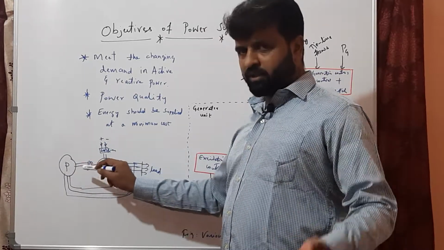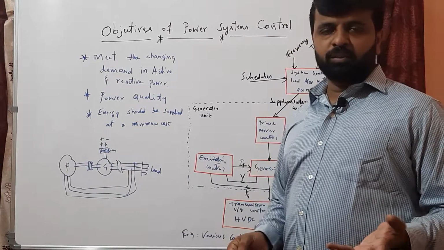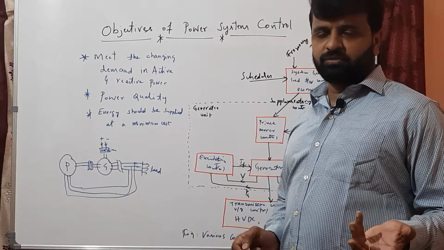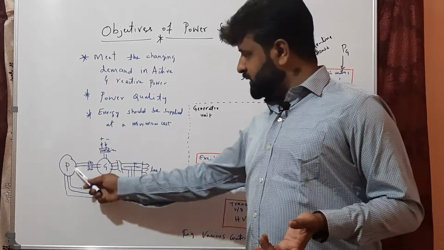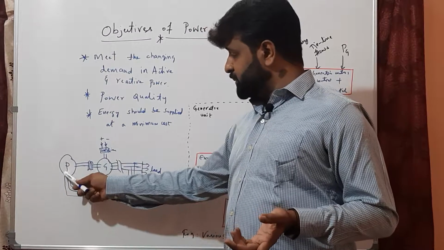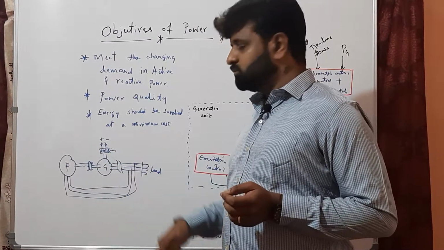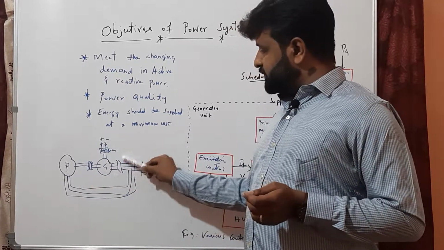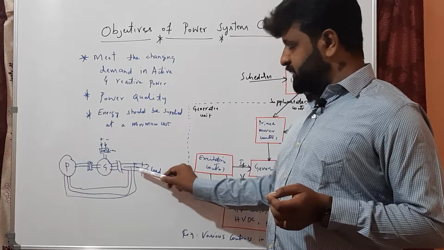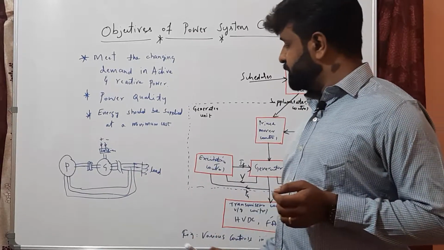The prime mover, we already know, may be used in a hydro power plant, where water is the input resource, or thermal, where coal is the fuel. The turbine will rotate. The turbine is coupled with the generator, and the power generated is transmitted through transmission lines, and the load is the consumption at the distribution level.